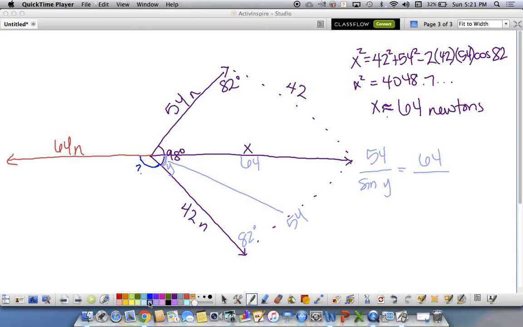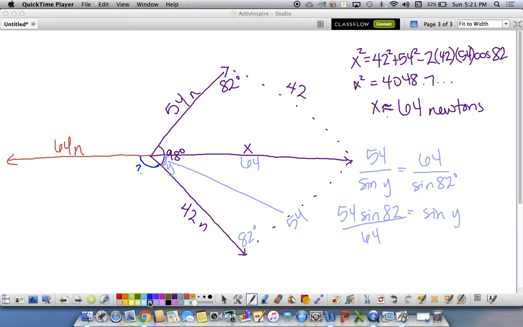Even if I'm on the bottom, they're the same. Sine 82 degrees. I'm going to cross multiply. 54 sine 82 equals, wait, I'm going to go ahead and divide by 64, and that's going to equal my sine y.